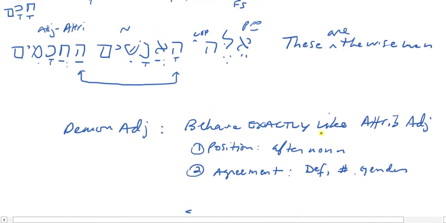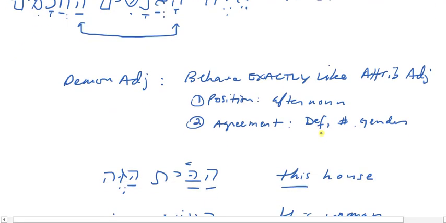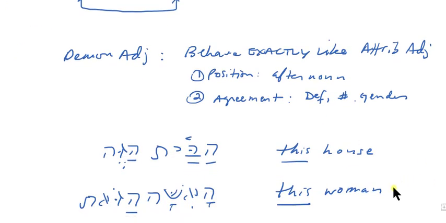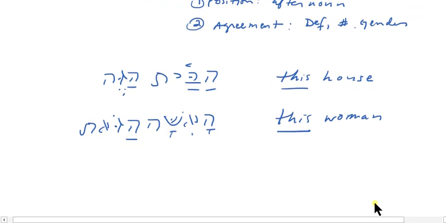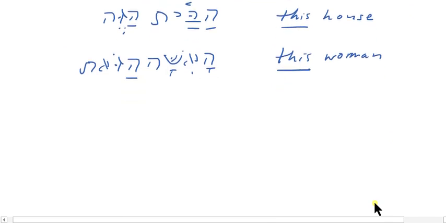Now, the last example would be Ele ha'anashim ha'hakamim. These are the wise men. But what if I just wanted to say these men, using Ele? These men. Well, if I want to say these men, if this is a demonstrative adjective, which has to come first, the noun or the demonstrative adjective?